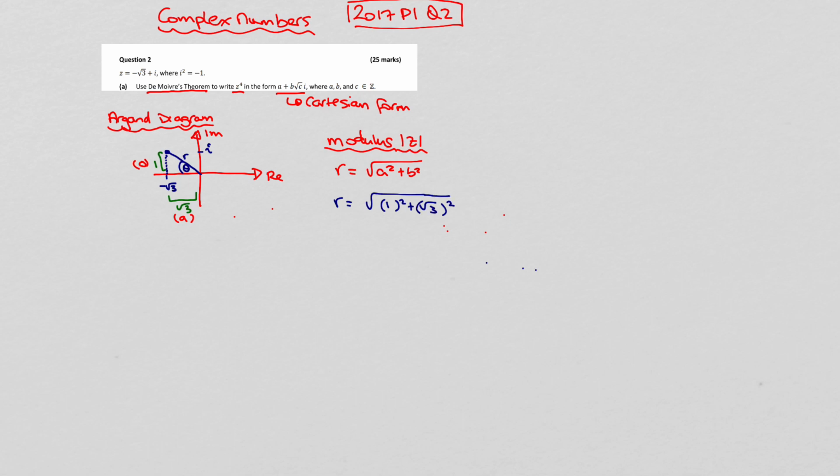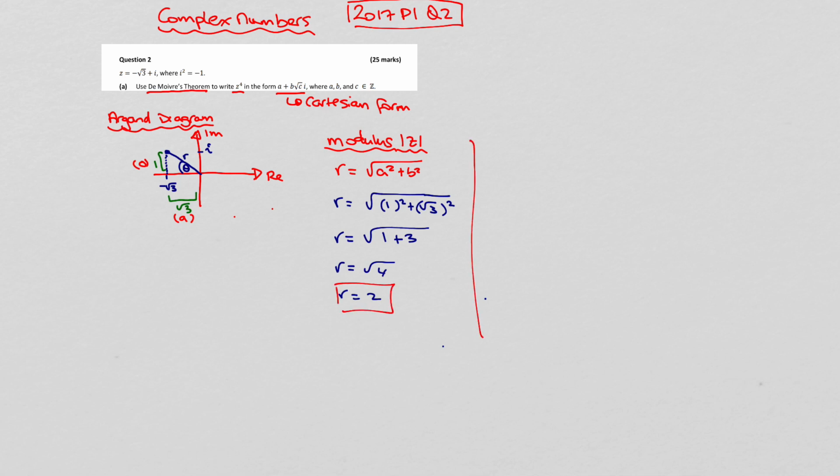And even though we're going out in the negative there on the real axis, because we're squaring it, we will still always end up with a positive number, because of course our length can't be negative. So that gives me the square root of 1 plus 3, which is the square root of 4. In other words, the modulus is 2.